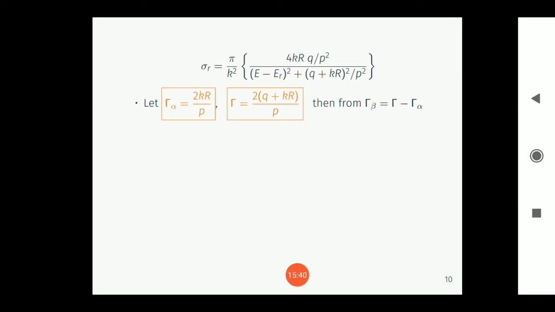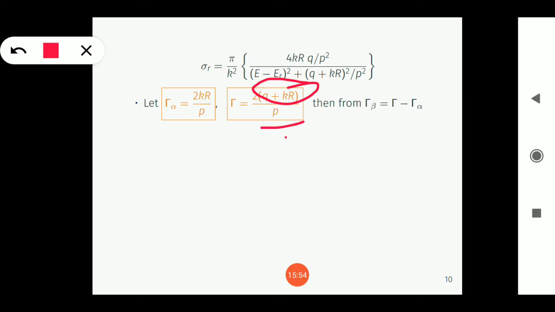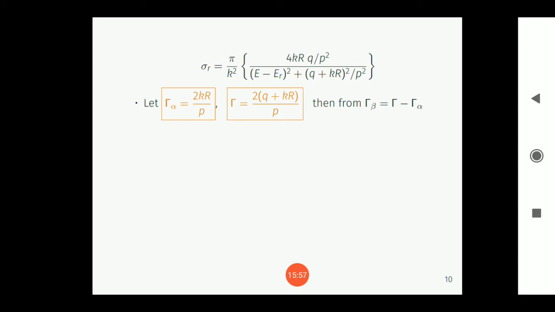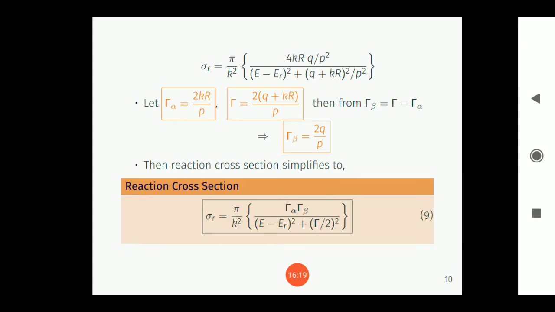Similarly, in the case of gamma, the numerator is a dimensionless quantity and the denominator has the dimension of inverse energy. So again, this total width also has the dimension of energy. And from the relation gamma beta equals gamma minus gamma alpha, one can get the value of gamma beta. With just algebraic simplification, one will get gamma beta equals 2Q by P.